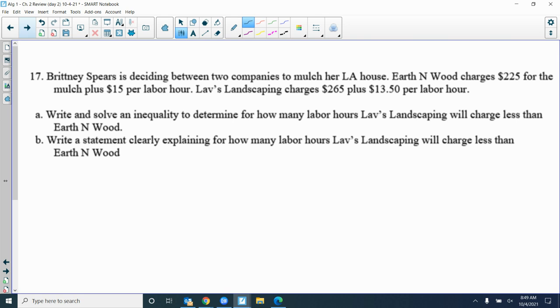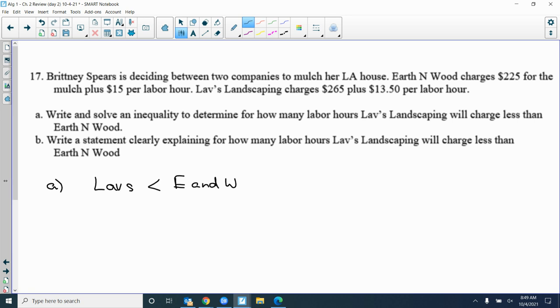Labs Landscaping charges $265 plus $13.50 per labor hour. So it's going to come down to the labor hours. Write and solve an inequality to determine for how many labor hours Labs Landscaping will charge less than Earth and Wood. So we want Labs to be less than E&W, which is just going to stand for Earth and Wood.